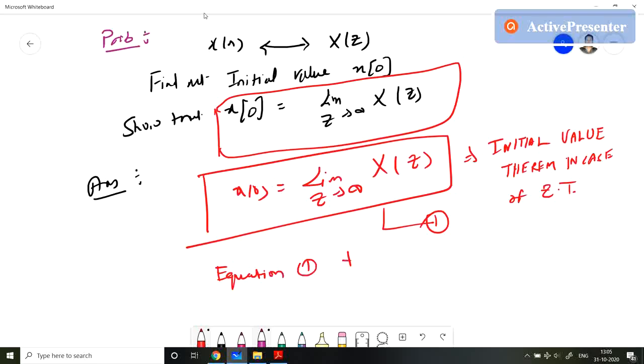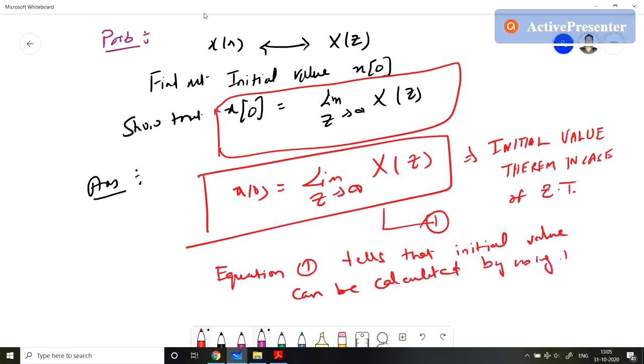Equation number 1 tells that the initial value can be calculated by using this relation.